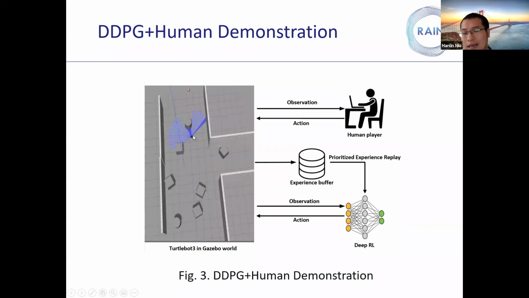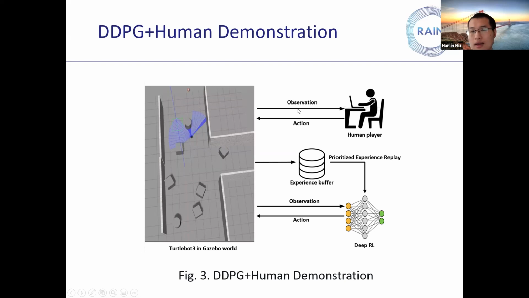This robot has no information of the whole map. It can only sense the obstacles that are in the range of this laser data. That's why we also call it a mapless collision avoidance algorithm, because it doesn't need to know the whole map's information. So we make the operator teleoperate this mobile robot to the target.